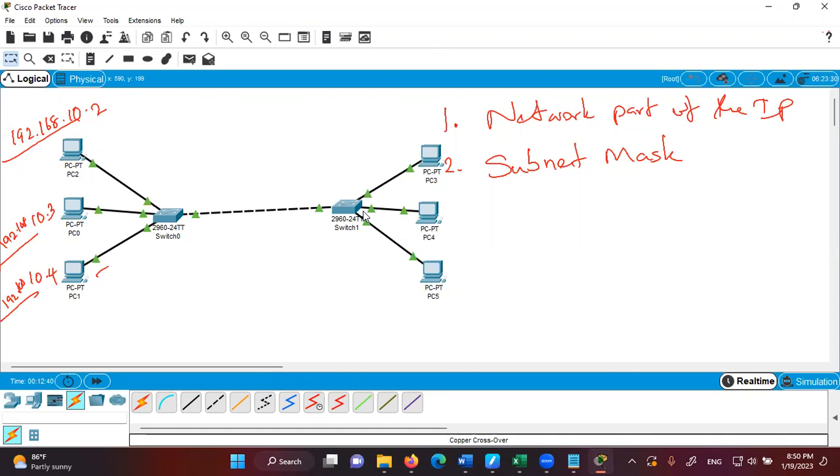Okay. Now children, I should be able to communicate from this computer to this one through this link.